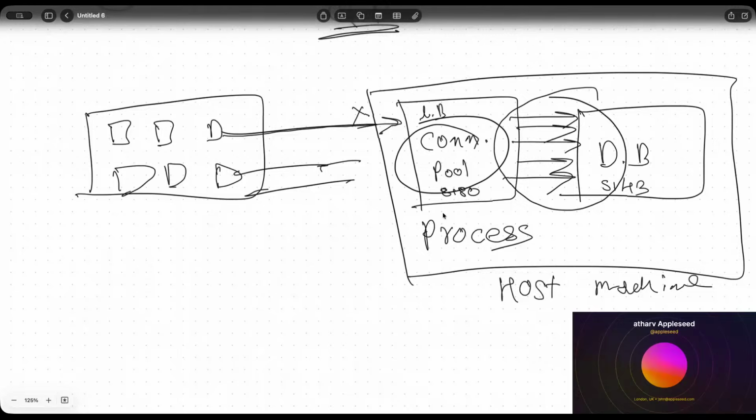So when Instagram was blowing up in around 2012 to 13, they scaled out to the maximum. They had a single Postgres instance for up till, I don't exactly remember the number, but it was something like 1 million or 10 million users.